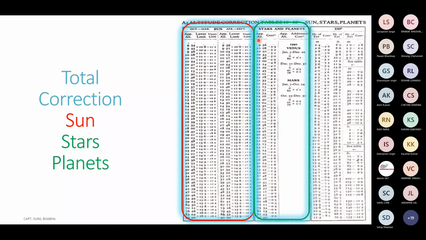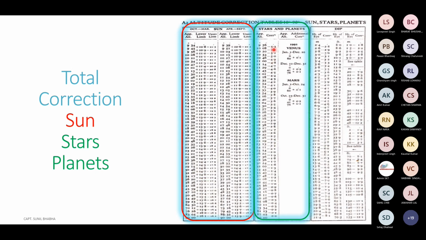This table is also entered with apparent altitude. So you enter with the apparent altitude, and for a range of apparent altitude, the total correction value is given here. All the total correction values are negative. So the second table gives you the total correction for stars as well as planets.